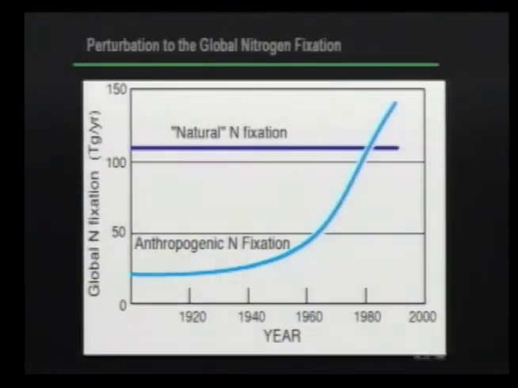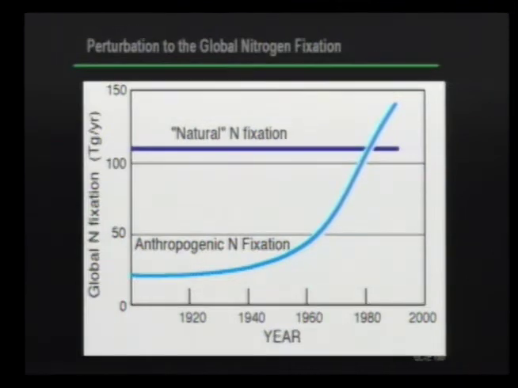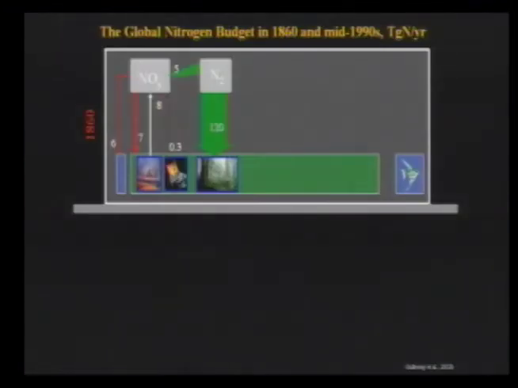And so the fixation of nitrogen, in other words, the conversion of N2 into other forms of nitrogen, which is shown here as a natural fixation, and then here the anthropogenic fixation, well, the anthropogenic effect has changed dramatically. It's probably now larger than the natural processes.